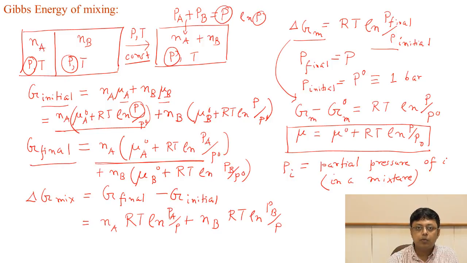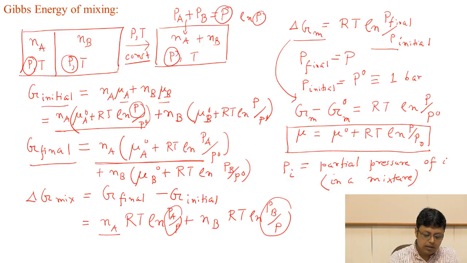It is nothing but the mole fraction, because it is partial pressure by the total pressure, and that is equal to the mole fraction XA. Similarly, this is nothing but the mole fraction of B, which we write as XA and XB.